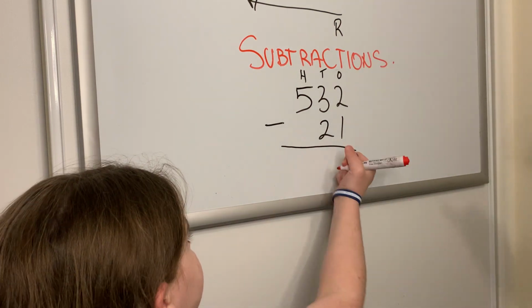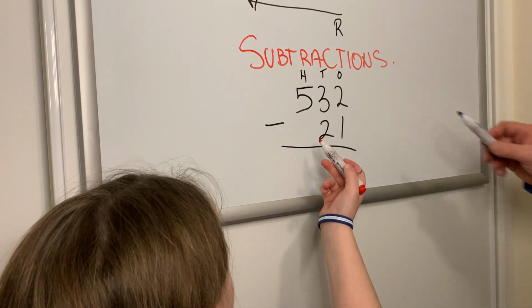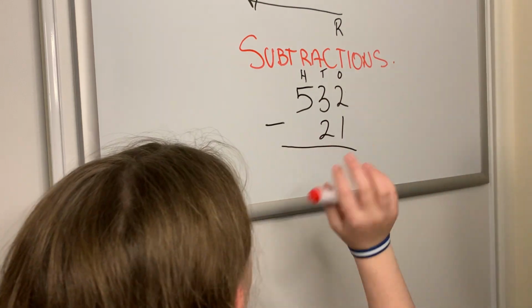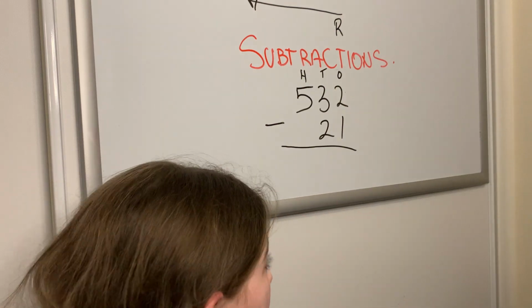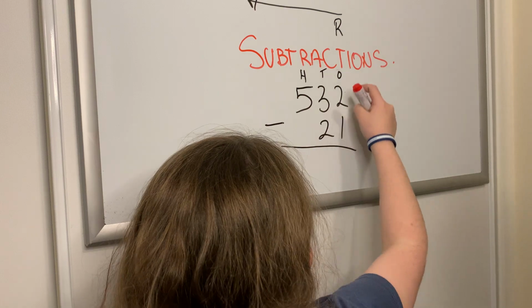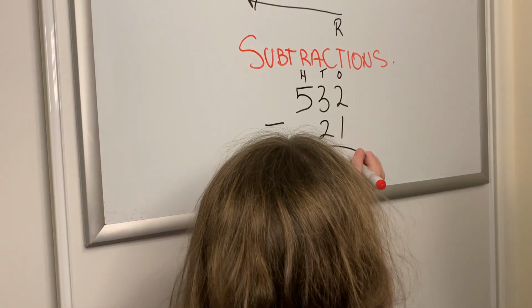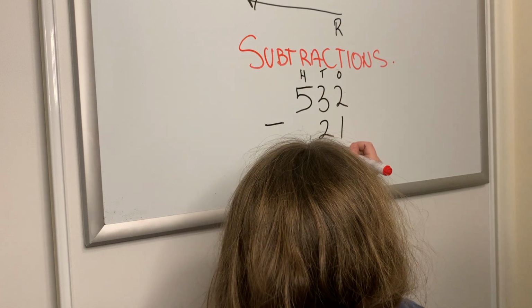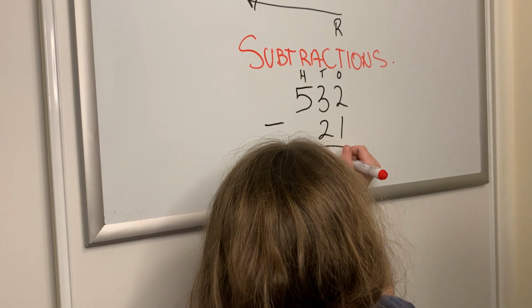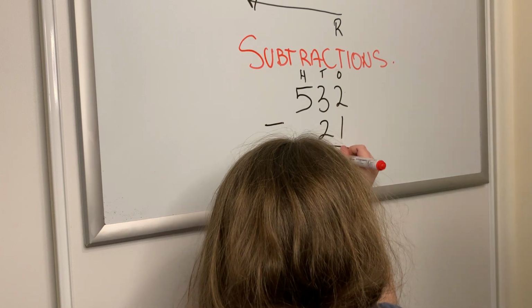Okay, so starting from the right. So tell the viewers what we're doing. So we're doing 2 take away 1. We can do that, because 2 is a larger number. So 2 take away 1 is 1.